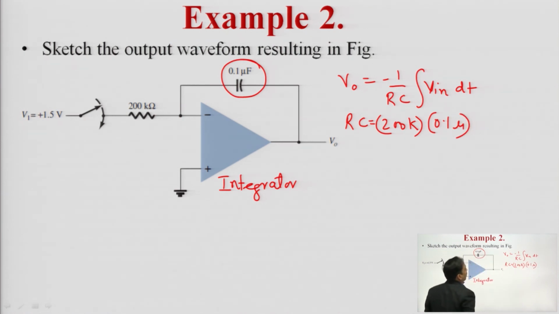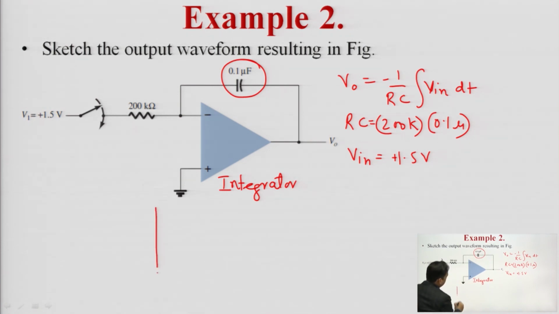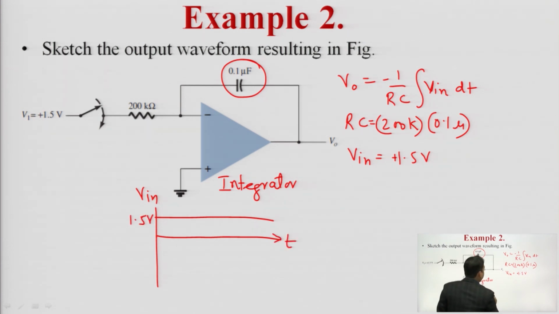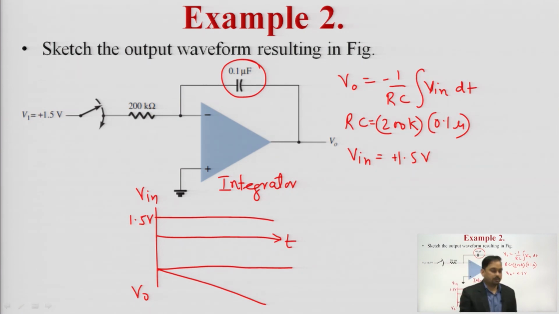And this V in is basically 1.5 volt, something like this. The integration of this will definitely be a ramp signal, something like this, having a slope that we can calculate with the help of this particular relationship. We'll put the values and we can have the result.